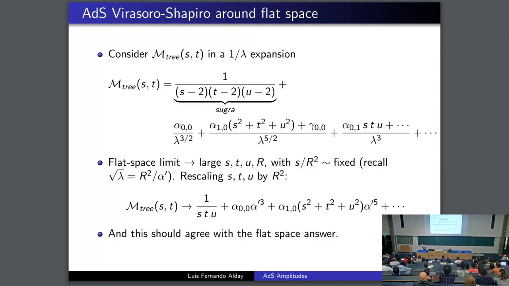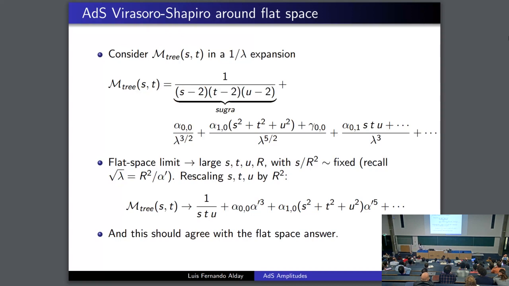Now, the flat space limit, as I mentioned before, is a limit where you take the radius very large, and remember that taking the radius large is the same as taking this lambda large, but then you need to rescale these Mellin variables, s, t and u, appropriately, okay? And you rescale them in such a way that in the flat space limit, only the leading pieces at each order survive.